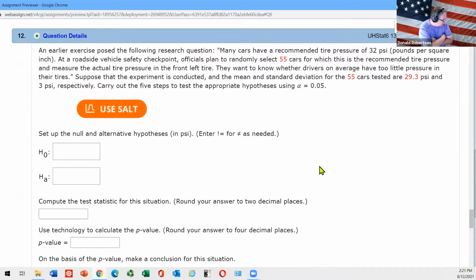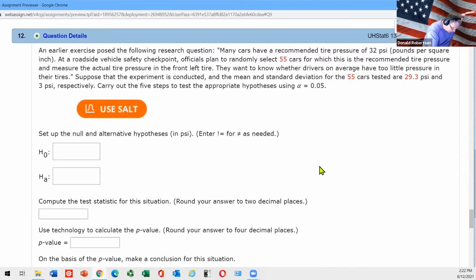What they're interested in here is a vehicle safety checkpoint. Officials plan to randomly select 55 cars, and they're going to measure them, and they want to know whether drivers on average have too little pressure in their tires. So we're looking to see if there's evidence at least that it's less than the standard value, which is 32.